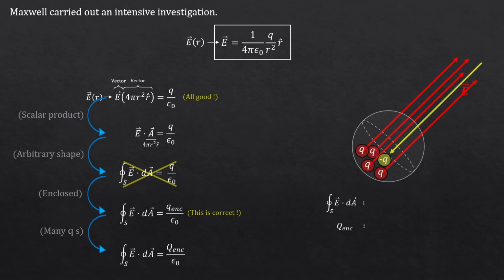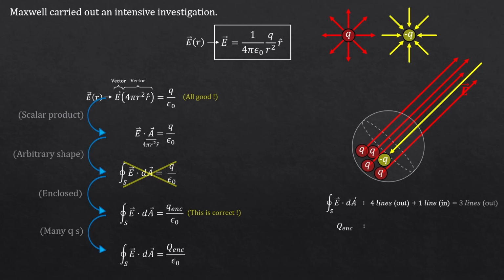What if we have one negative charge included in this region? We know that the negative charge should have its electric field pointing inward, since if this Q is negative, we will have the opposite direction. The integral will tell us that there are 4 lines going out and 1 line going in, right? So 3 lines going out in total.